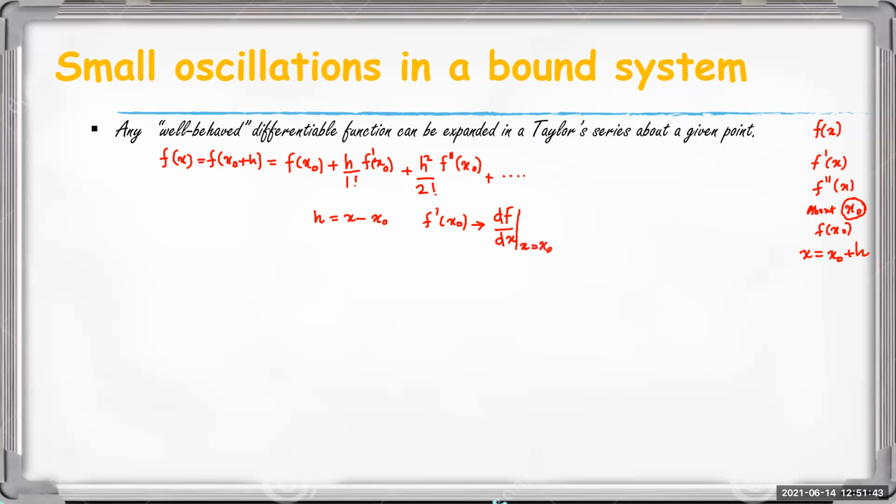That is written as f dash x0, or df divided by dx at x is equal to x0.